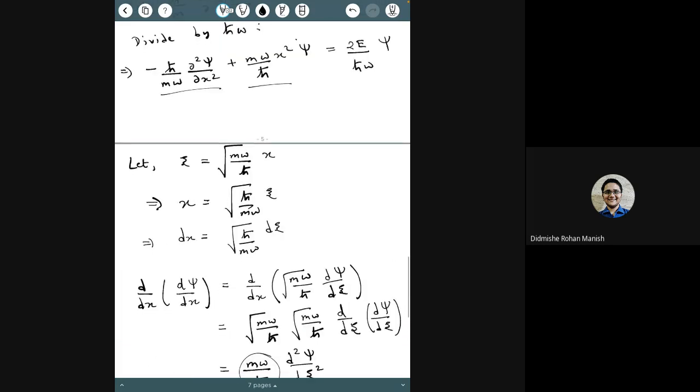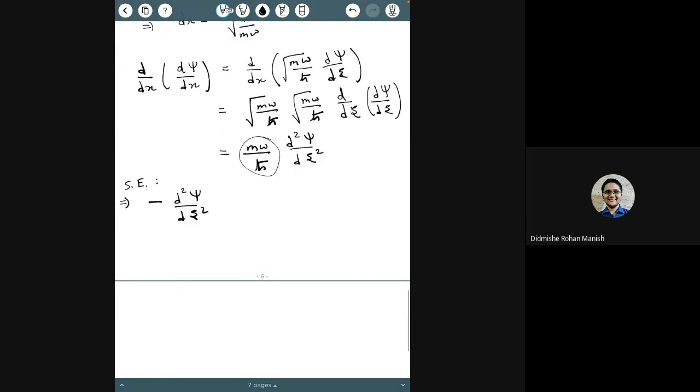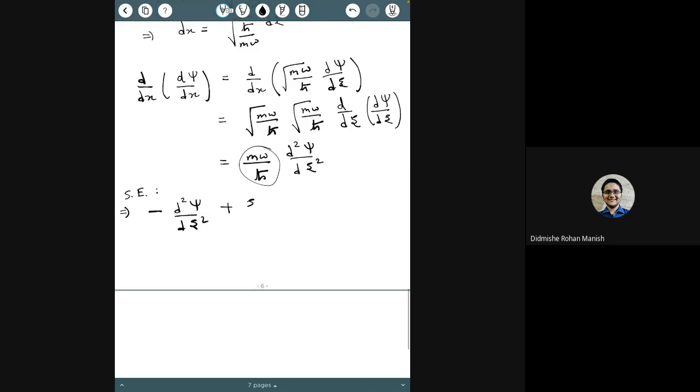And from the second term, I have x squared. So x squared will also give me h cross by m omega, which will cancel with the factor here. So I get simply xi squared psi.